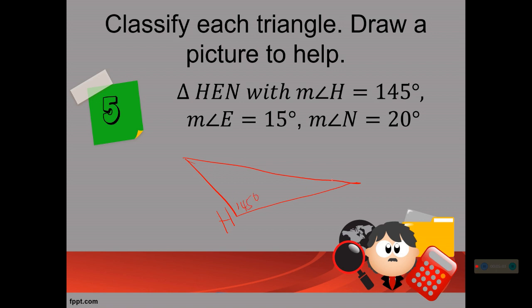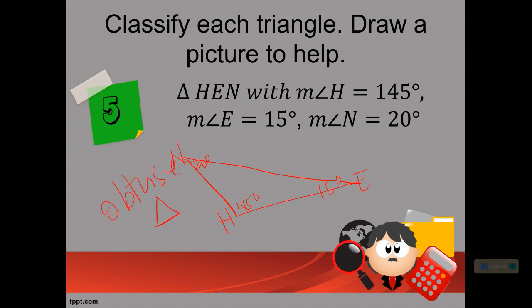E is here because this is 15 degrees, and N is here because this is 20 degrees. It looks larger than this angle. What kind of triangle is this? That's correct. This is an obtuse triangle.